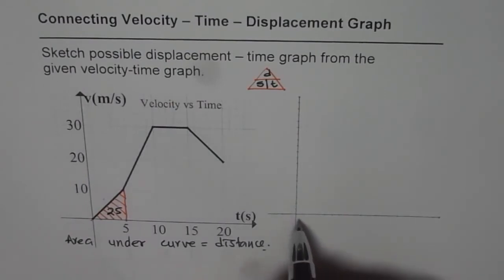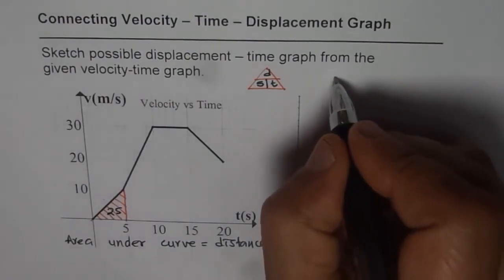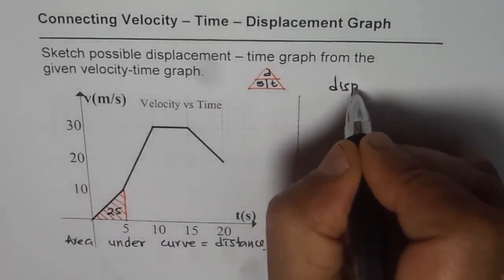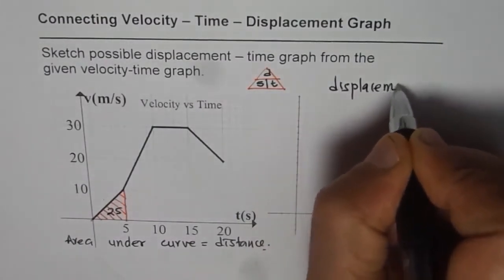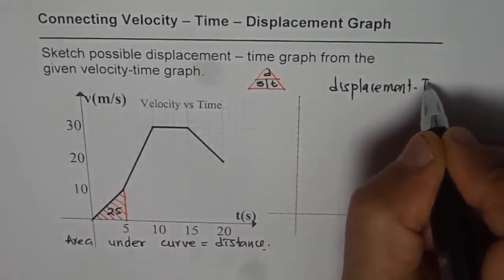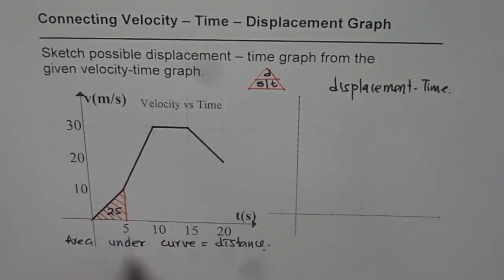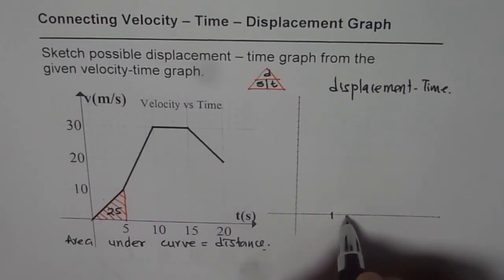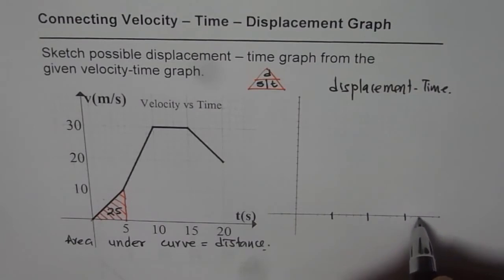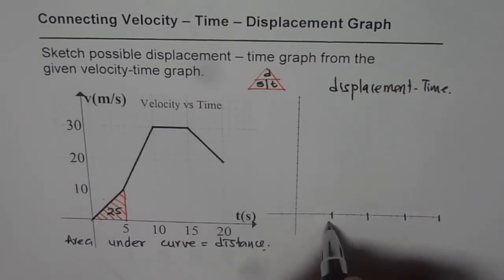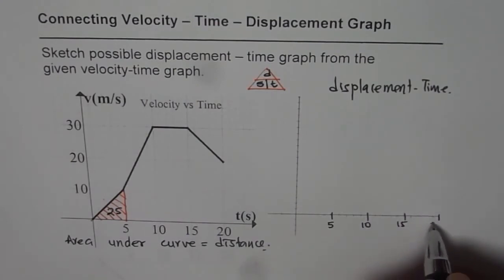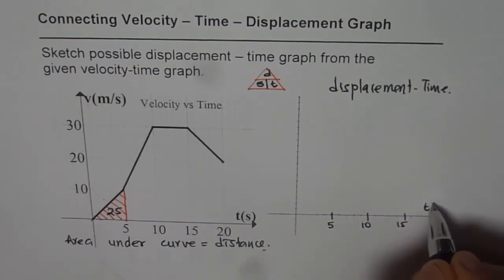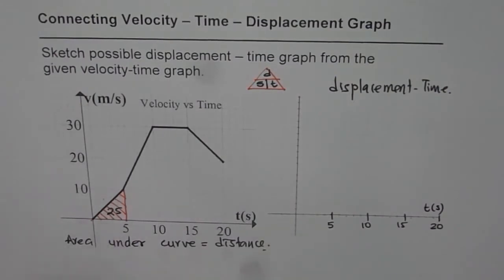Let us make appropriate scale here and then draw displacement time graph. So we'll use the same units for the time. So we have time in seconds, 5, 10, 15, and 20. That is the time in seconds. We got 25.